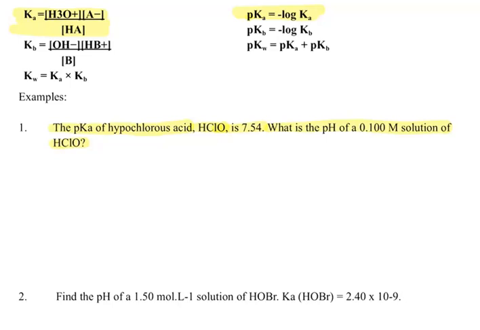Now, anytime we do a weak acid or a weak base that we did not have to do with our strong acid and a strong base, is we must write it into its ions. So that's always going to be the first thing that we do. So in this case, we have HClO.